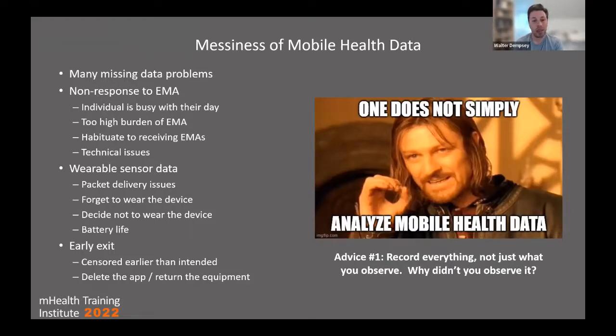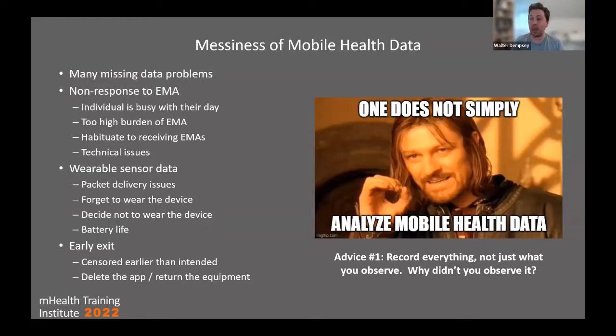So when I think of missing data, I can think of EMA. My first example was ecological momentary assessments and missingness that is due to not responding to EMAs sent at given times. What we want to understand in that context is, why did they not respond to that EMA? Was it a technical glitch in the system, which can often happen?